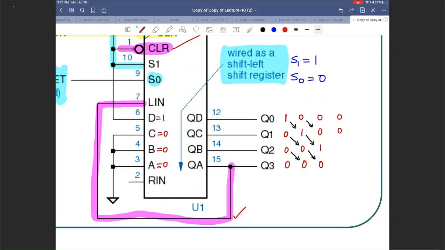This 0 will move down, this 0 will move down, this one will move down. What happens to Q0 after the next positive edge of the clock? After the next positive edge of the clock, Q0 will now be 1 because QA has changed. The new left input is 1. And then this 0 will come down, this 0 will come down, this 0 will come down.